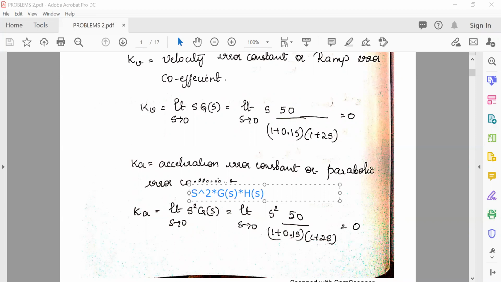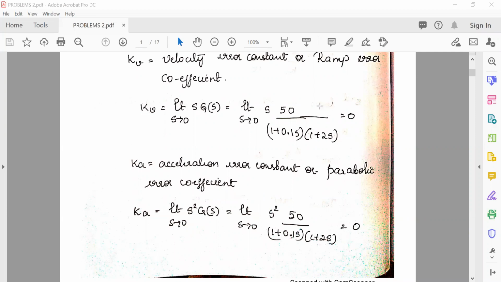Again, h of s is going to be 1, so it is s square into g of s. Again, when you put s equal to 0, these values go to 0, this is 0, this is also 0, so the entire value will be equal to 0.